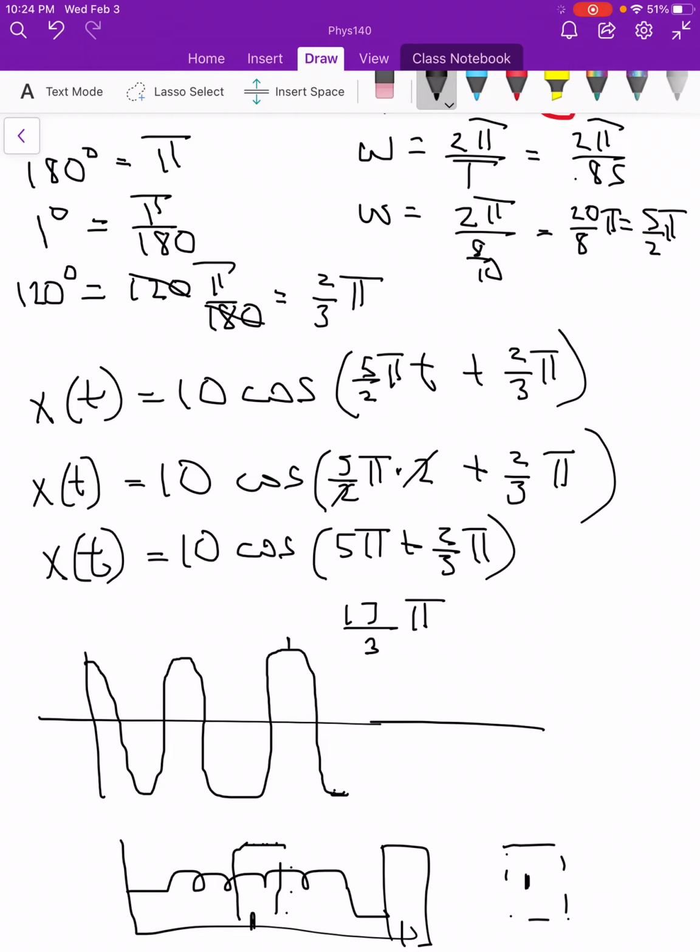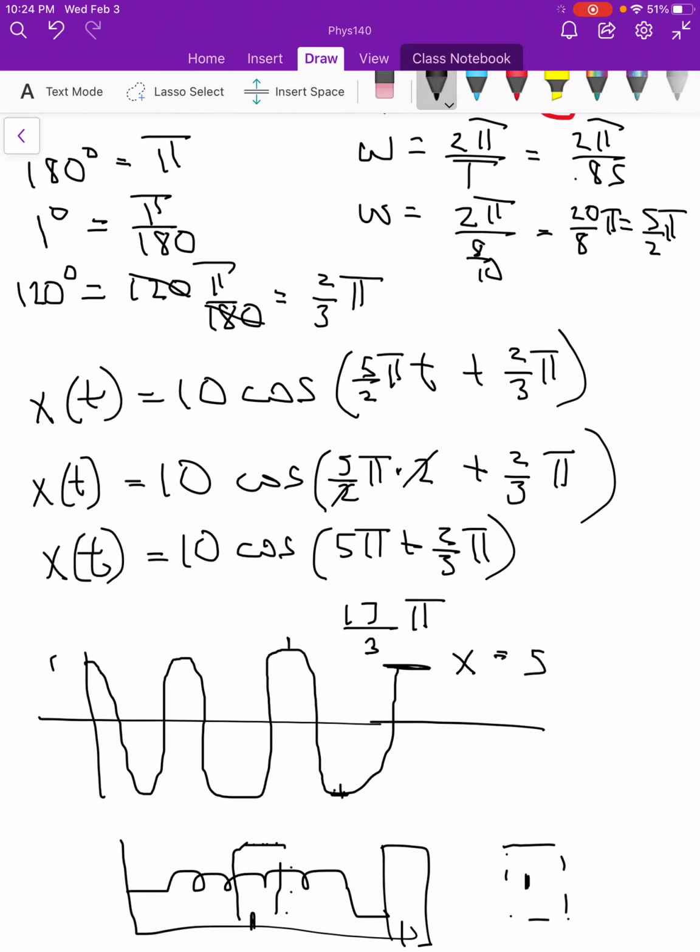Well, 2/3 pi brings me up to like here. And this spot right here, 2/3 pi, if I plug that in, I would actually get 60 degrees, which means I'm at the halfway point. So this spot right here is going to be x equals 5.